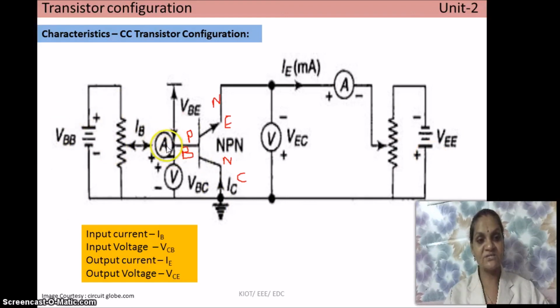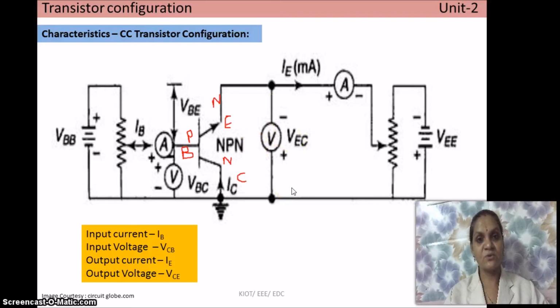Here the ammeter measures the base current in microamperes, and the ammeter for measuring emitter current is in milliamperes. Input current is IB, input voltage is this voltage VCB or VBC, whatever it may be, and output current is emitter current IE, and output voltage is emitter collector voltage VCE.